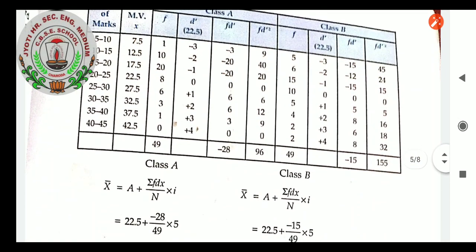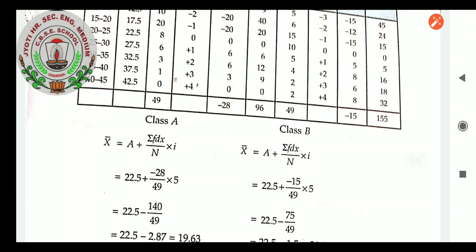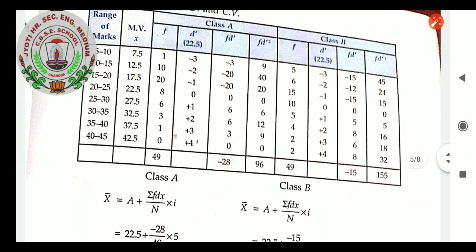Here we are taking the assumed mean formula, the shortcut method: a plus sum of f dx upon n into i. So we have taken an assumed mean of 22.5 from this group. You can see the deviation here, d dash, 22.5 minus 7.5. Likewise we calculated, students.